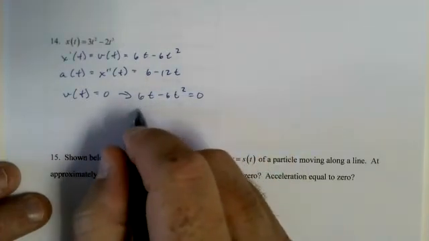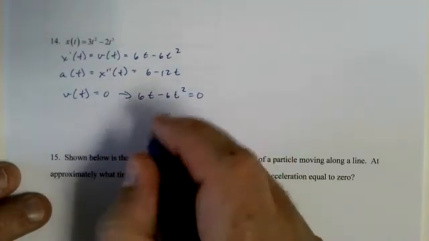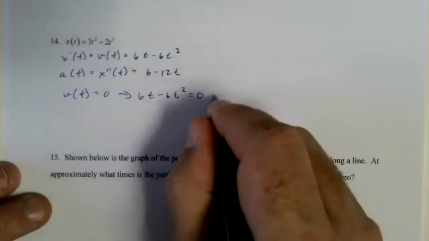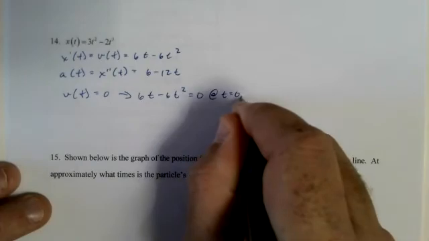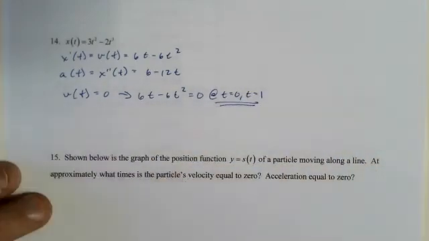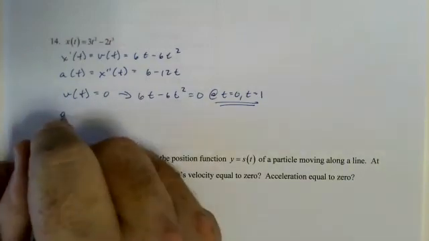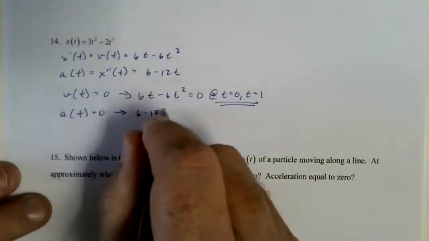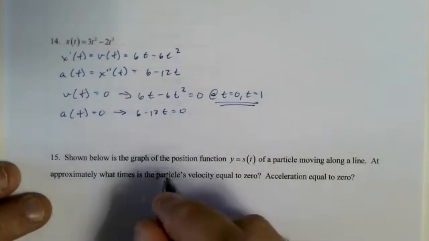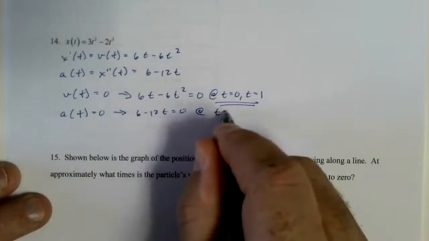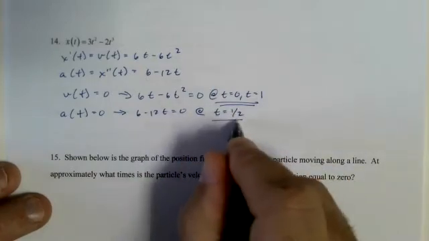Factor out 6t, I'm left with 1 minus t, so t equals 0 and 1. So a of t equals 0 when 6 minus 12t equals 0, and t equals 1/2.